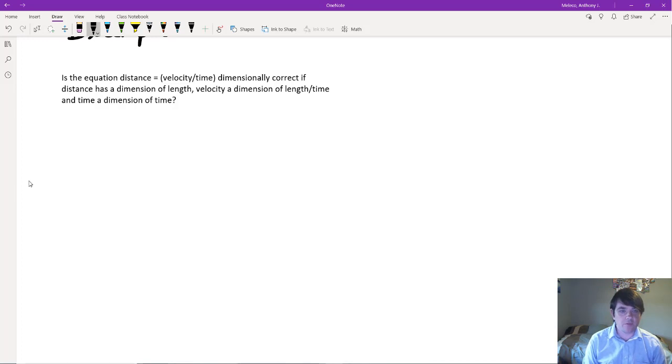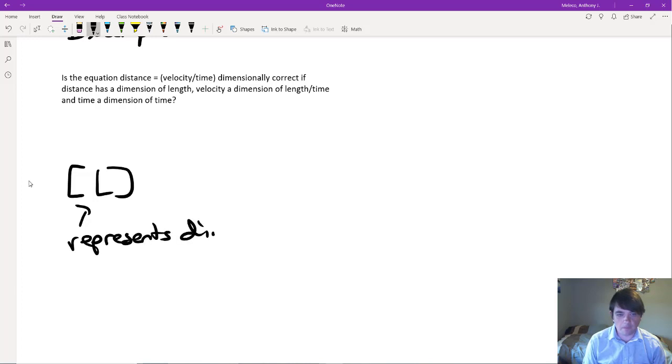So how do we do this? You write out the dimensions on each side of the formula as if you were writing an equation. The square brackets represent dimensions of length.